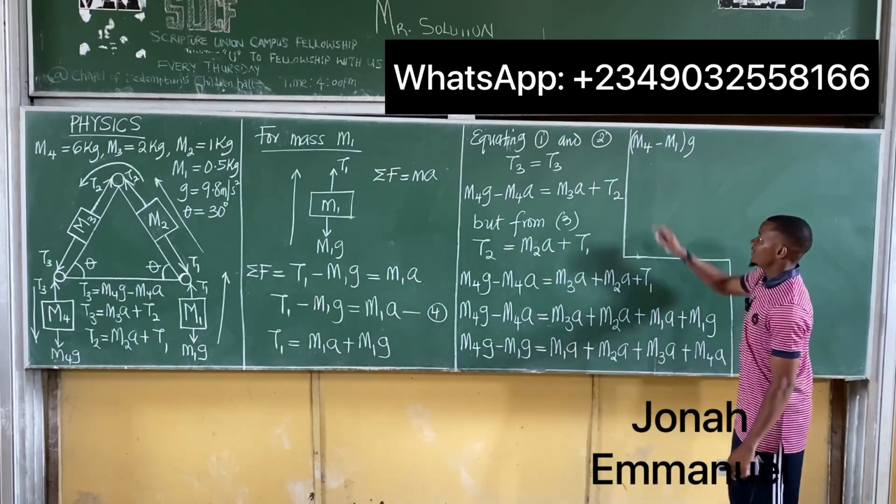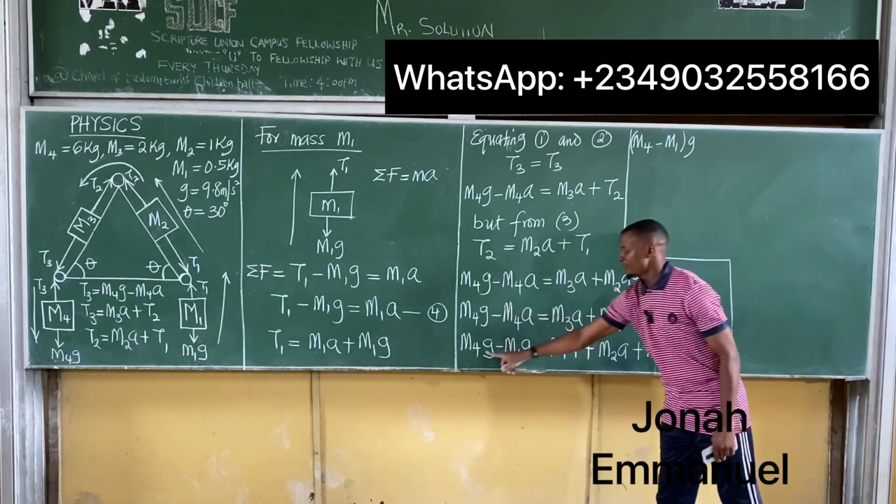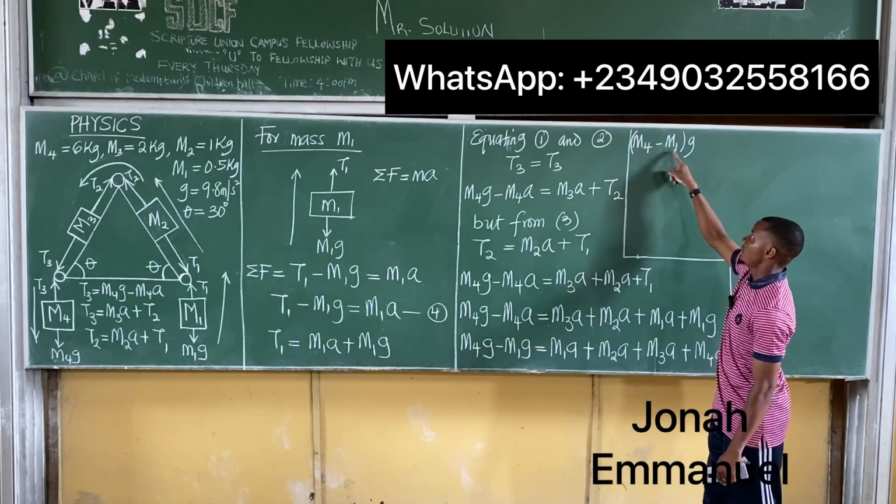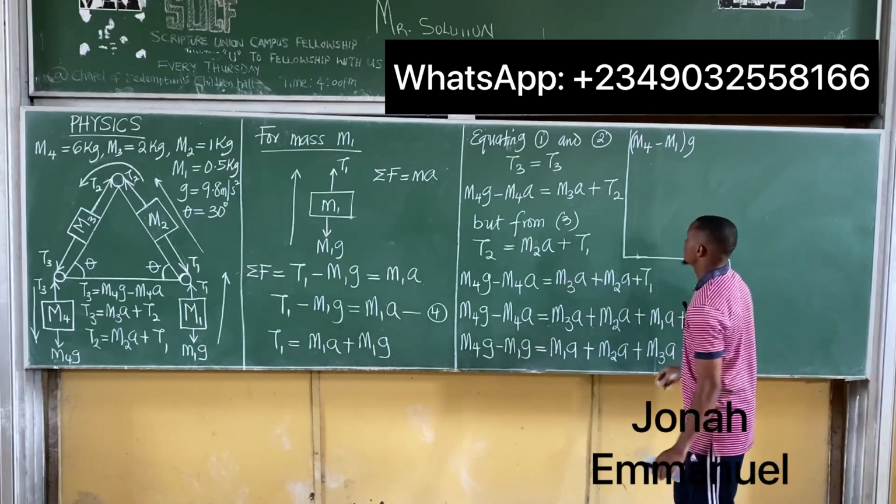Of course, if you multiply them, M4 times G is M4G minus M1 times G is M1G. So it's the same thing.